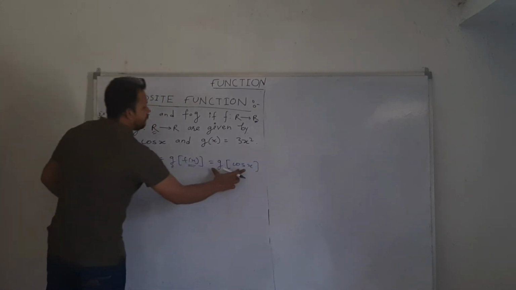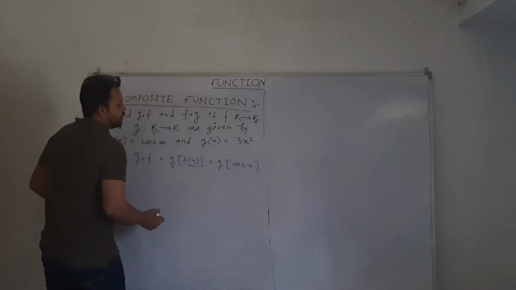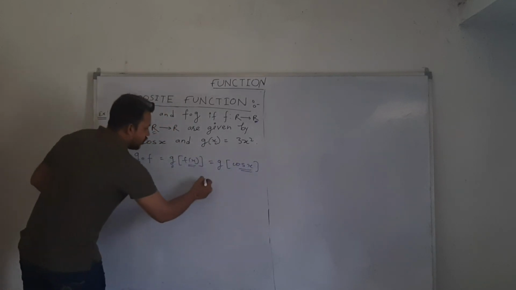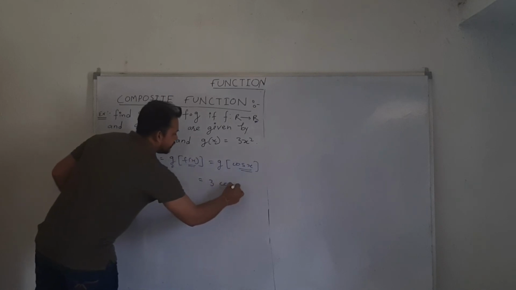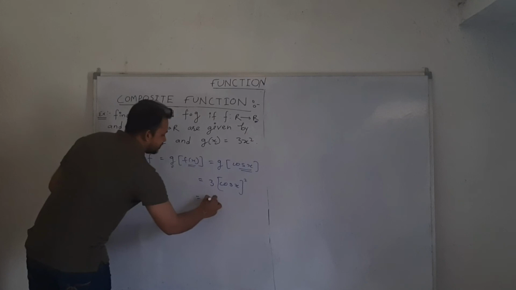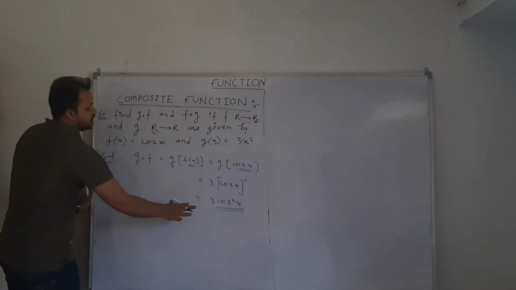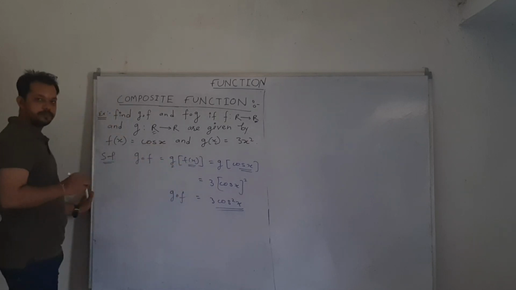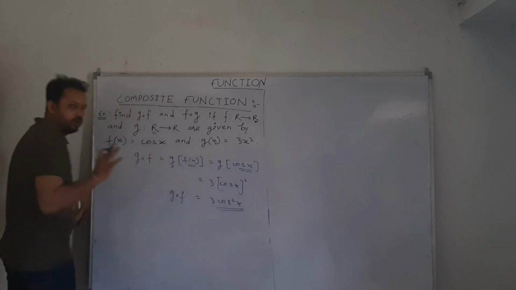Now g(x) is defined as 3x squared. So in place of x we have to put cos x. So we will get 3(cos x) squared. It can also be written as 3 cos squared x. This is the composite function GOF.